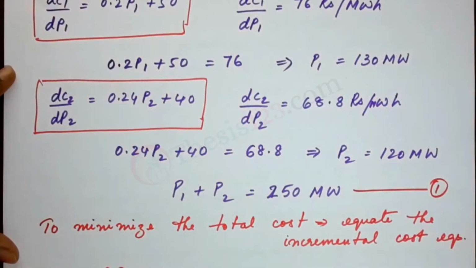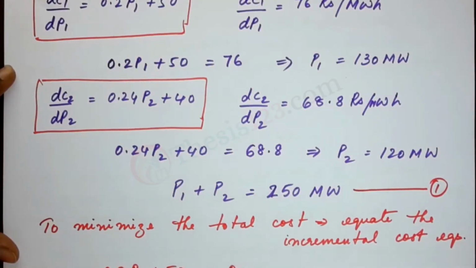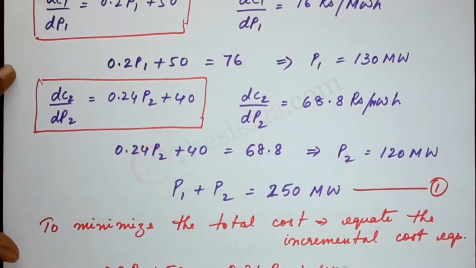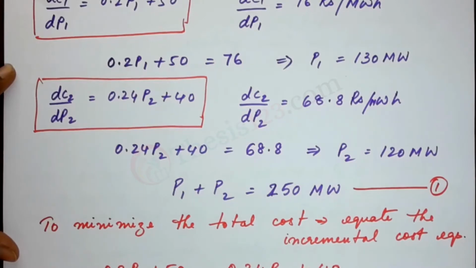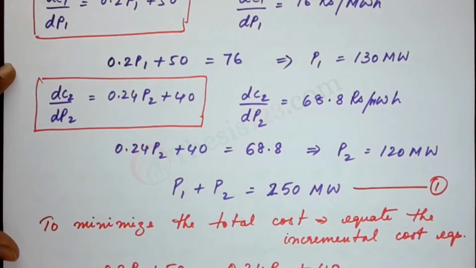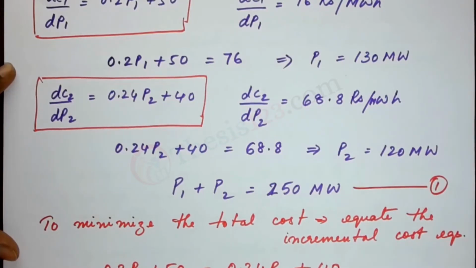Let's do that. 0.2 P1 plus 50 equals 0.24 P2 plus 40. Bring the variables to one side, you should get 0.2 P1 minus 0.24 P2 equals minus 10. Let's call this equation 2.